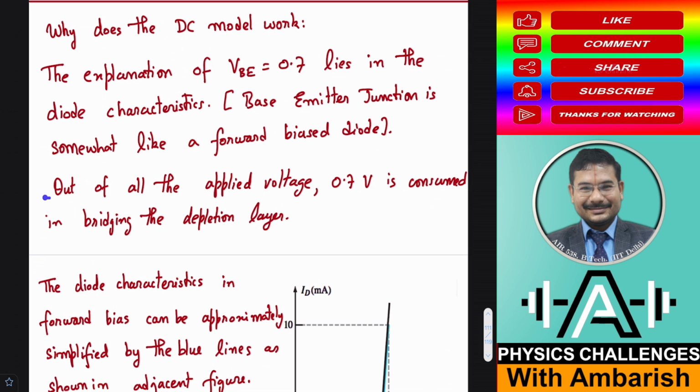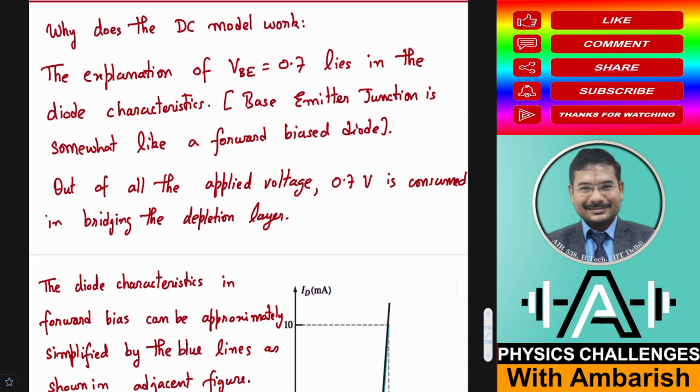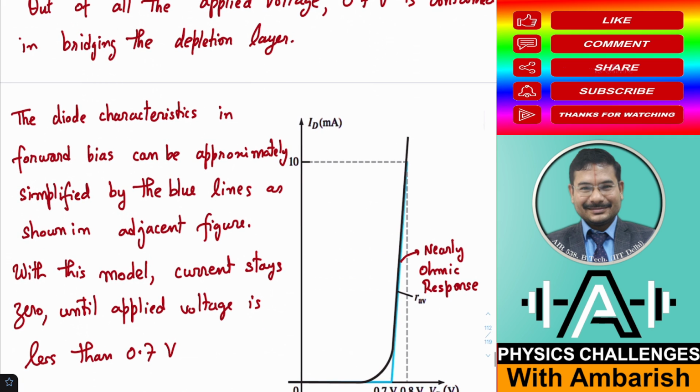Out of all the applied voltage, 0.7 volt is consumed in bridging the depletion layer. If you recall from your knowledge of diodes, initially the depletion layer is large, and until a certain voltage is applied, the diode doesn't get properly forward biased. The depletion layer gets bridged around 0.7 volts.